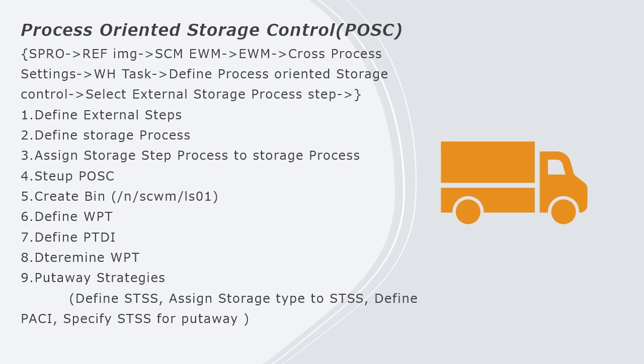First we have to define the action step, define the storage process, assign the storage step process to the storage process, and also set up the POSC. After defining it, create the bins if they're not there, define the WPT, define the PTDI, determine the WPT, and define all the put away strategies.